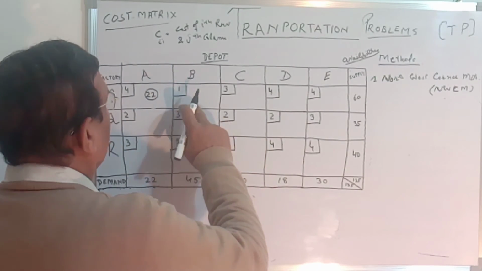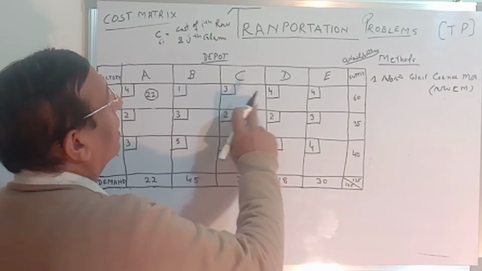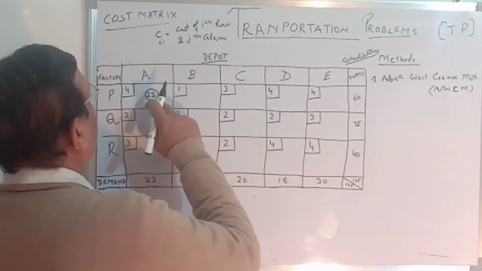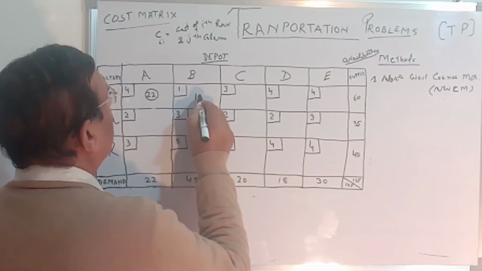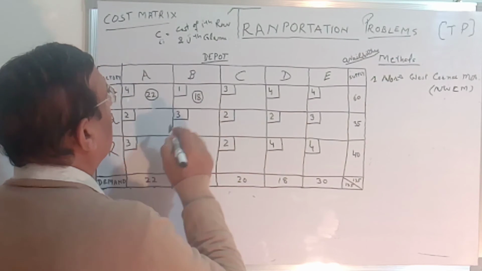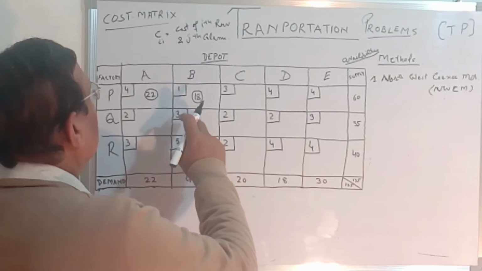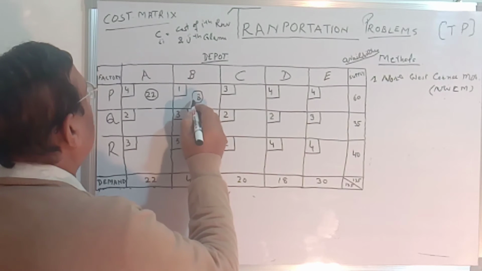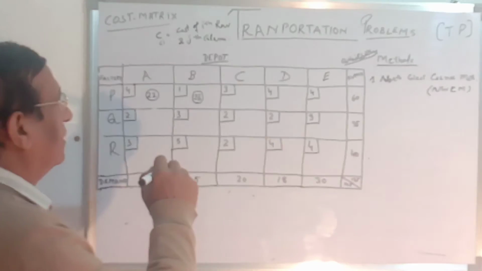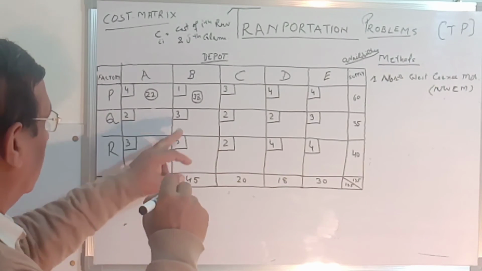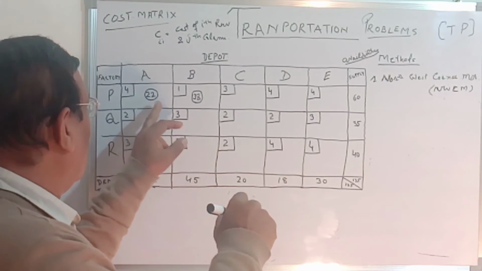Now here demand is 45, and of the 60, 38 is required to fulfill the supply, so we can add 38 over here. 22 here, 38 here, not more than 38.